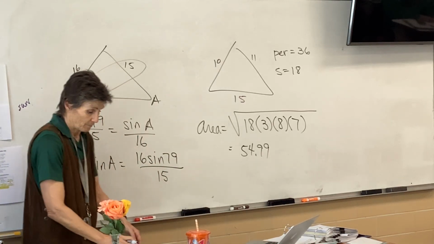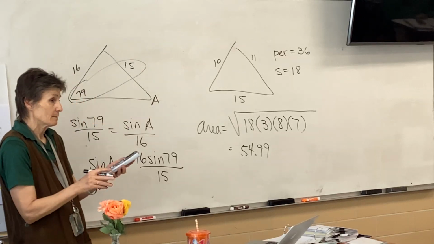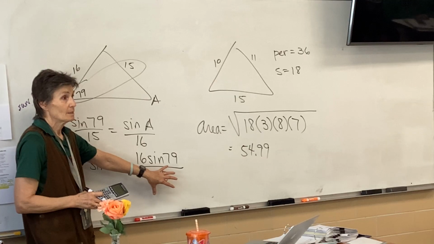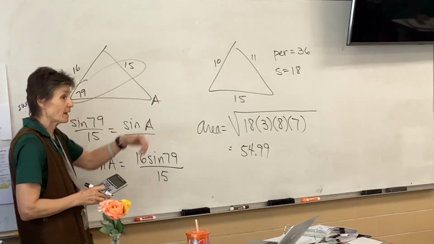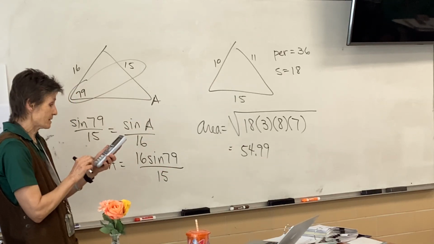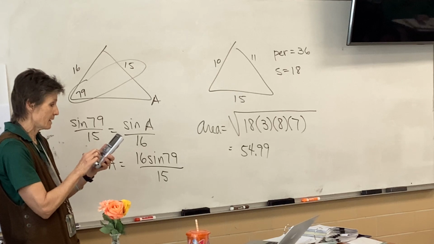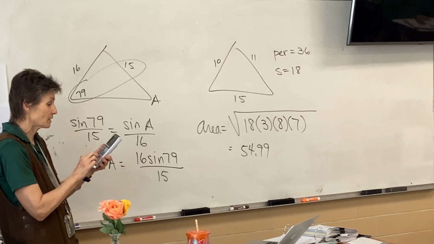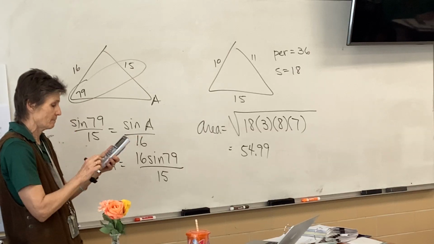Now I need to inverse sine that. Remember, this is just going to be some decimal. I need the angle, so I need to do what I did earlier. Second sine, 16 sine 79, close parentheses.